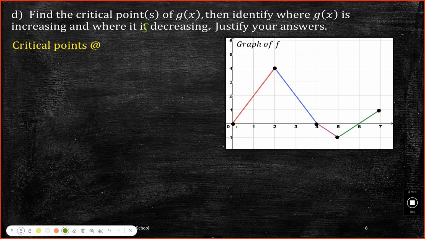Critical points occur when g prime of x is equal to 0, even though it's an endpoint. f of x is equal to 0. Whenever the velocity is equal to 0, it's a critical point.